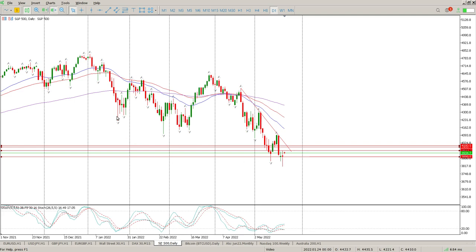Anyway, we're far from the moving averages in the daily as well, so you would expect some kind of a move back at least to come and test this 4100 area. Getting above that and finding support there changes my bearish tone quite dramatically.